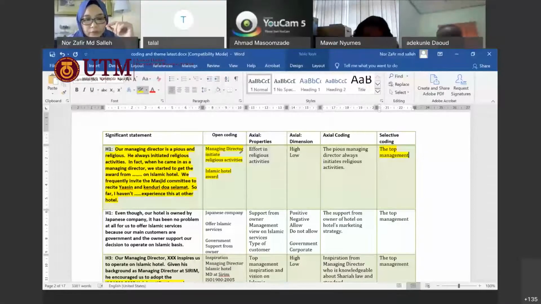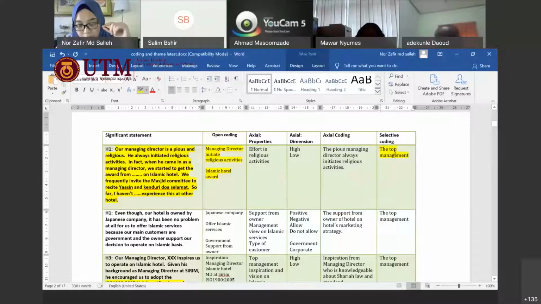For example, there are many religious activities that he initiates himself, so it's easy for the hotel to implement Islamic Sharia practice. So the efforts could be high or low from the top management. This comes under the selective coding of top management.